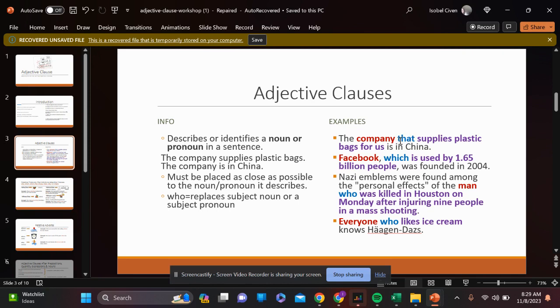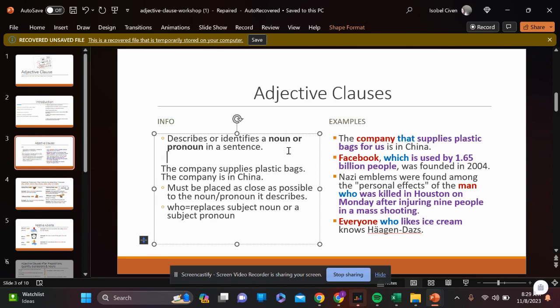So the company that supplies plastic bags for us is in China. So this is like the meat in the middle of a sandwich. This adjective clause is connected to the company is in China.